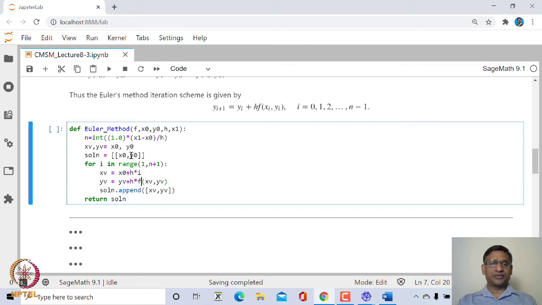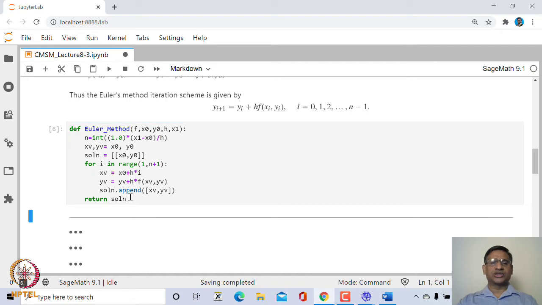So in this case, for example, it will take y0 and find y0 plus h times f at (x0, y0), and you append this xv yv to this solution, and at the end return this solution. So this program is fairly simple, very simple in fact.